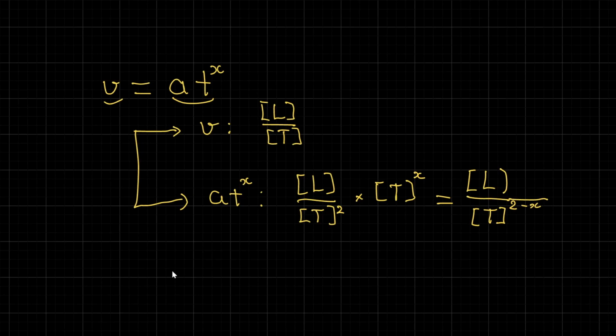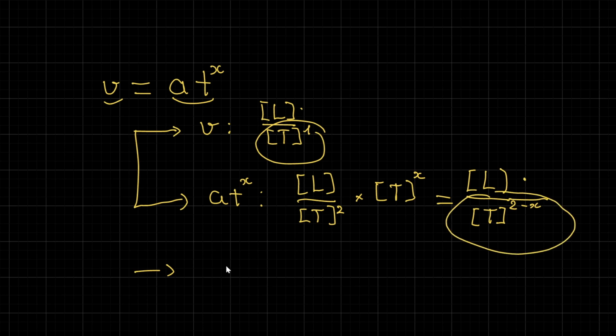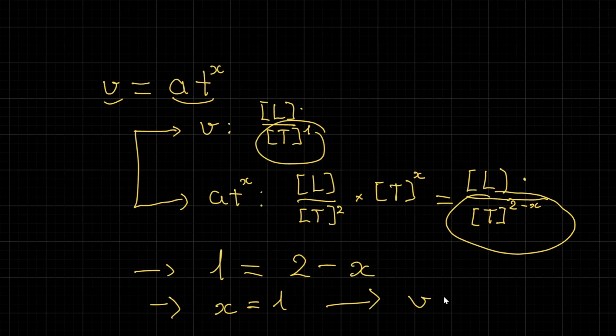So we'll have this one is 1, right? L is the same, so this one must be the same as time here too. We have 1 equals 2 minus x, and x equals 1. And you will know that v equals at, and this is correct.